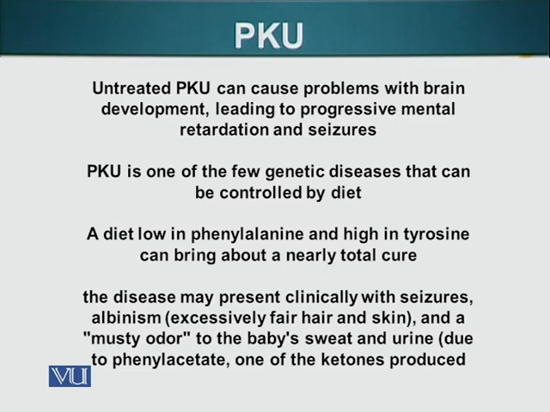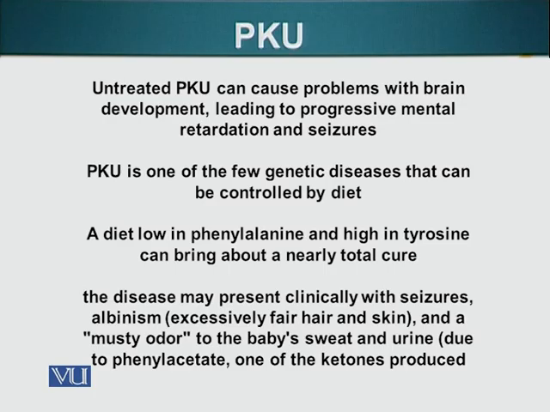So phenylketones will not be able to cause mental retardation. And if we supplement their diet with tyrosine, that can be converted into the pigment. So these people who have both alleles of the PAH gene mutated or defective can be managed and they grow up to be normal.